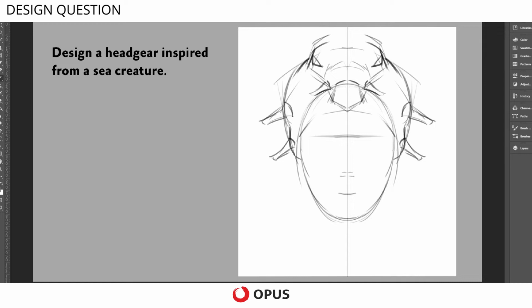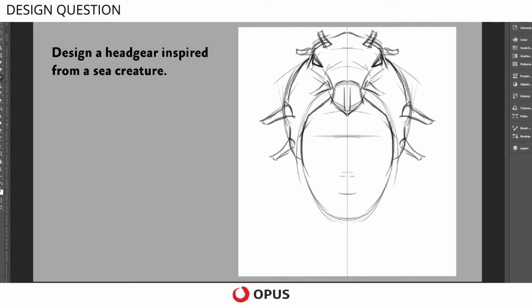And then we are going to put the eyes, which is going to form the base of that headgear. And from here we are going to add some extra protrusions, and thus we are going to close the shape. So this can form the basic structure, which can be said has been inspired from the facial structure of a seahorse.